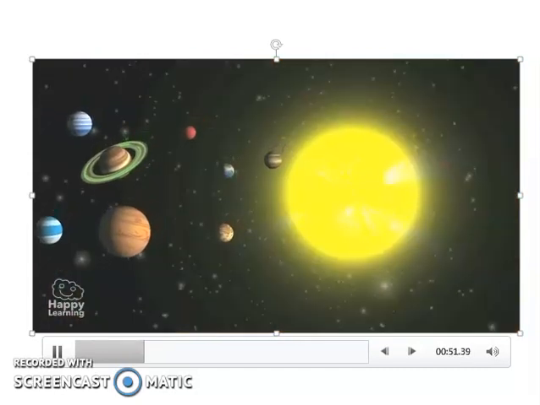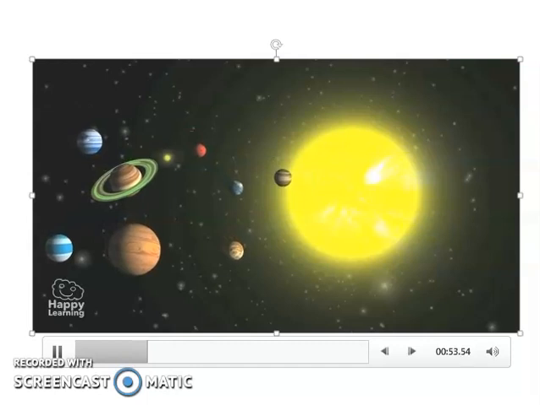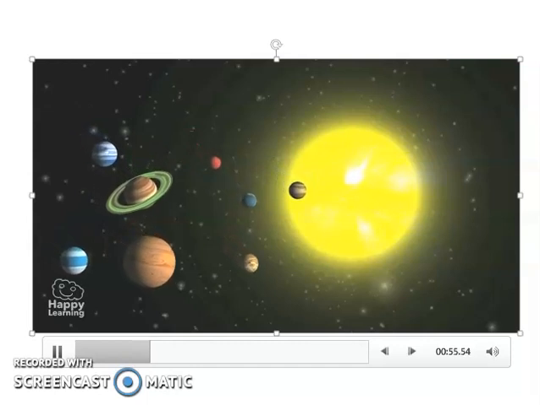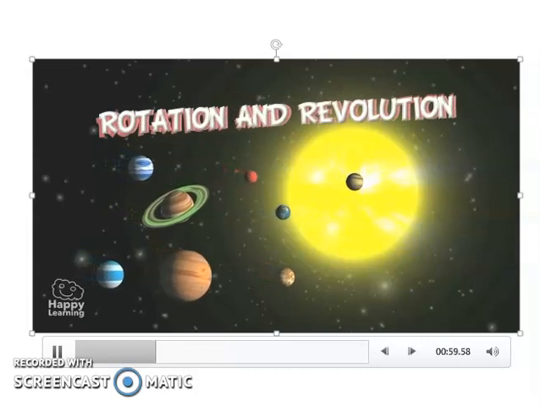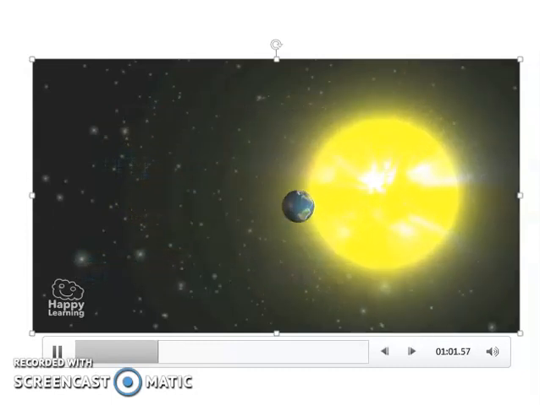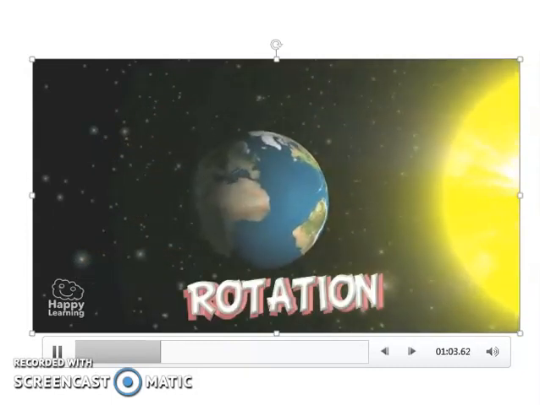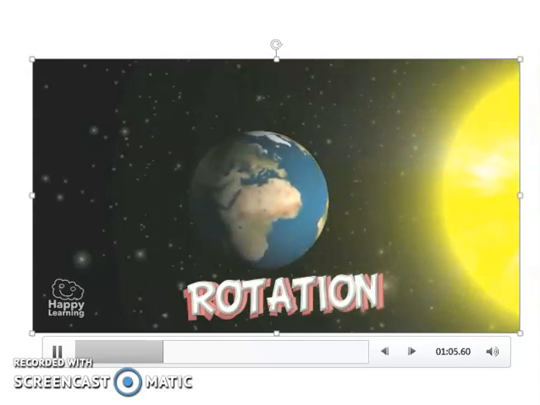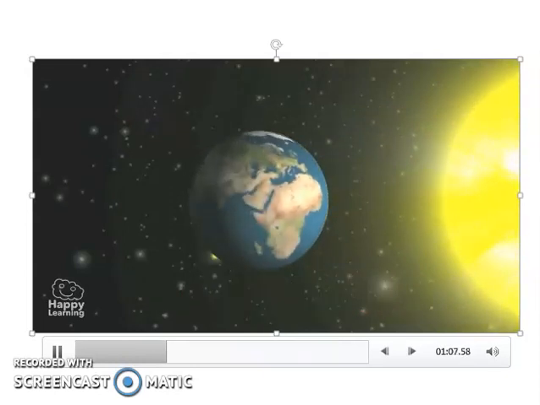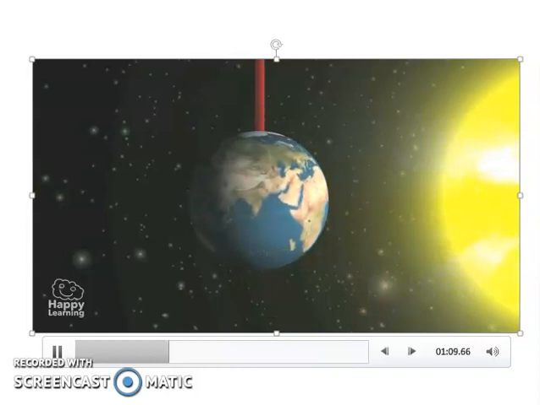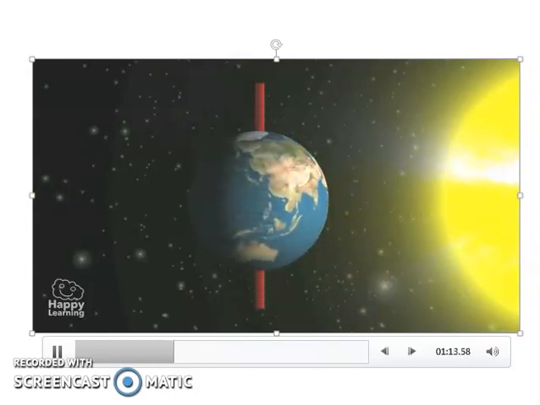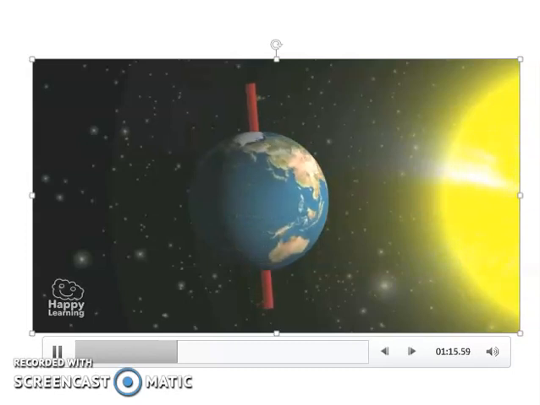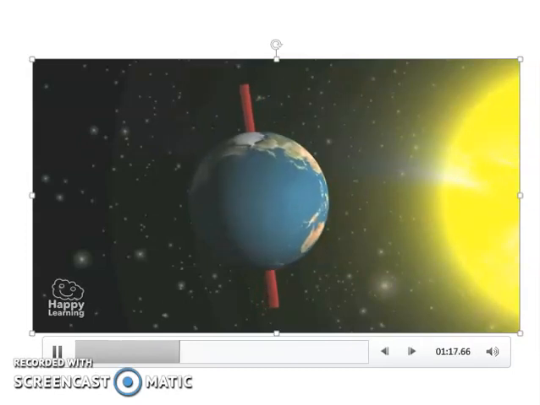Like other planets of the solar system, the Earth moves in two different ways. One is called rotation, and the other is called revolution. Rotation is the movement of the Earth on its own axis. Rotate means to turn, so the Earth turns around a slightly inclined imaginary line that joins the two poles, called the axis.